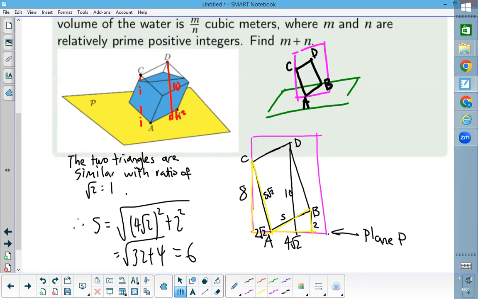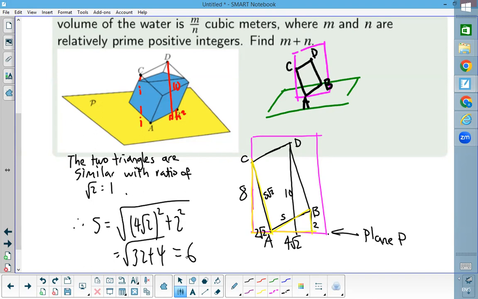Which means that if we want to find the volume of the water, we obviously have the volume of the cube. That's 216. Knowing the volume of the cube, we can just find the volume of the air above.